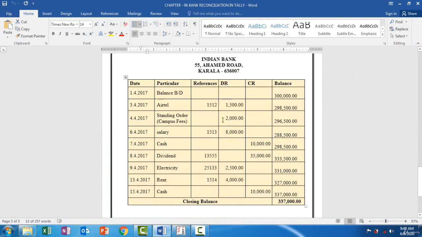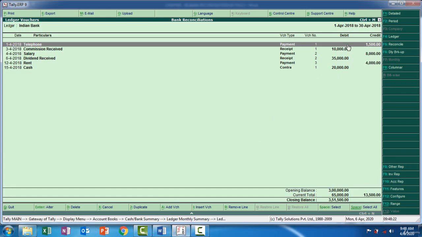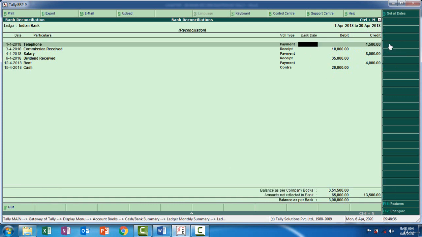Okay, so here debit side, there credit side. The debit side here shows Airtel 1,500. You can see 1,500 is a telephone, here it is credit, there it is debit. So we have to reconcile, right? I'm going to press F5, otherwise you can click Reconciliation here.